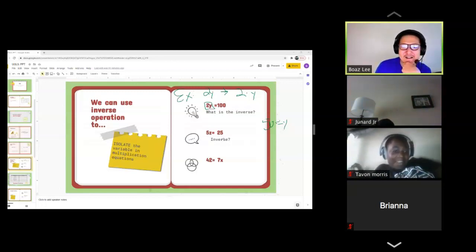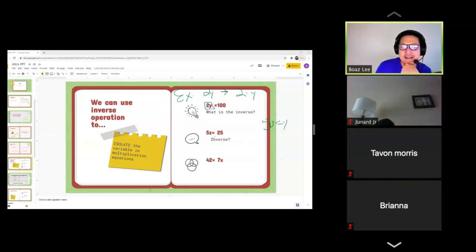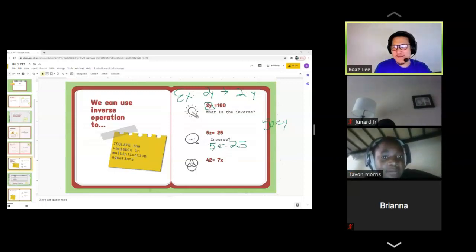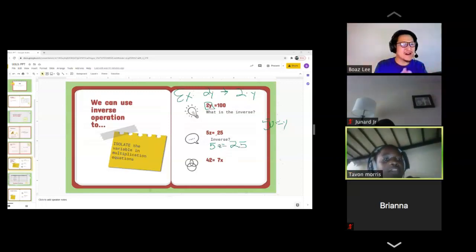Okay. All right. So, Tavon helped you out here. So we are dividing because we know that the inverse of multiplication is division. So I'm going to rewrite my problem out, and we are dividing. Excuse my handwriting. It's kind of hard to write with this. So we know that we're dividing something to get the z by itself. You dividing 5, I'm dividing 5.